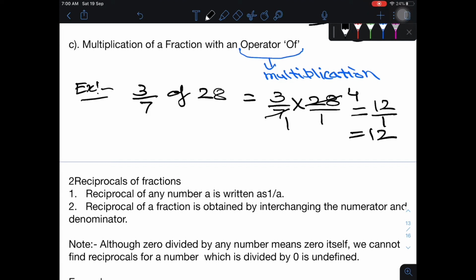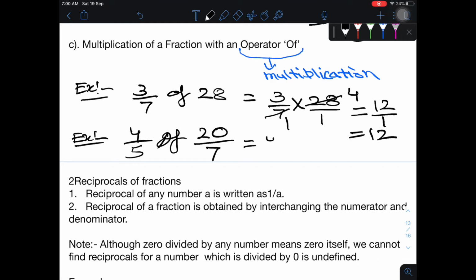Look at one more example to improve your understanding about the operator of. 4 by 5 of 20 by 7. How will you do it?